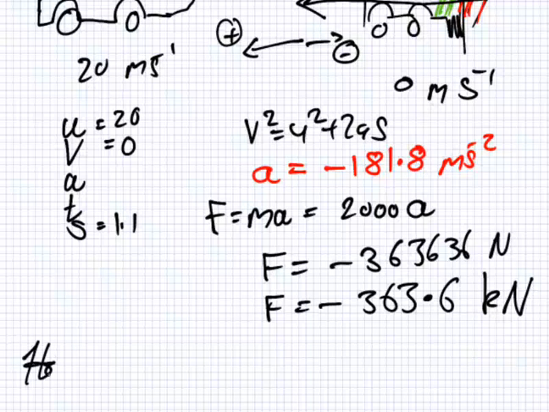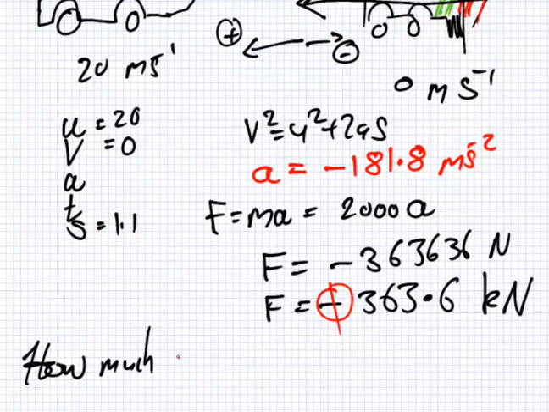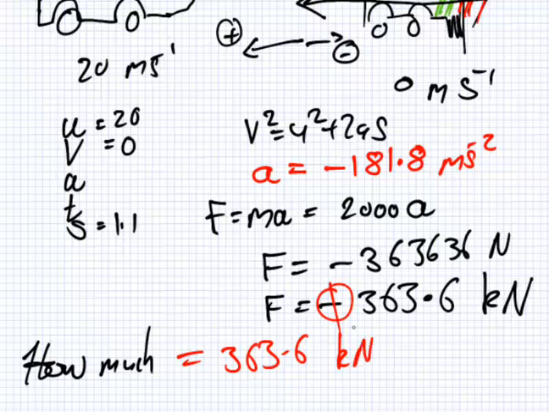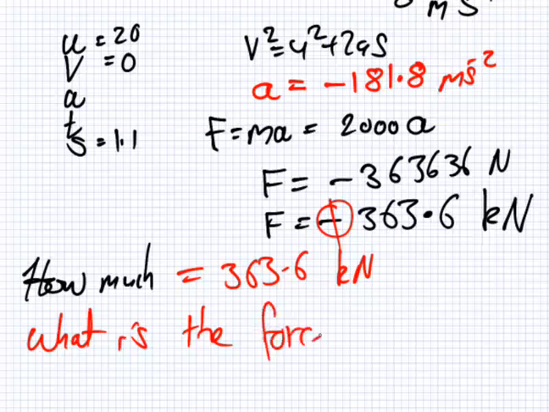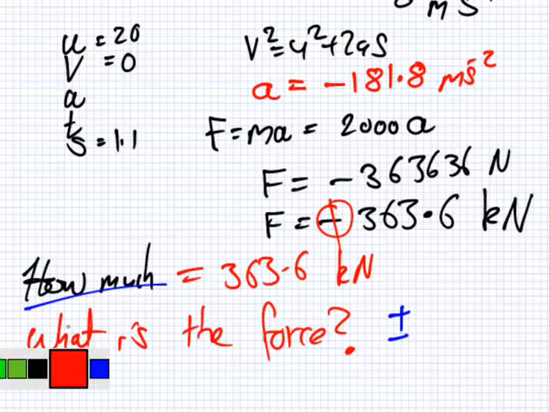So F equals MA, which equals, what did I say the mass was? 2000, wasn't it? Yeah, 2000. So that's a huge number of minus 363,636 newtons. Or if you want, the force is minus 363.6 kilonewtons.